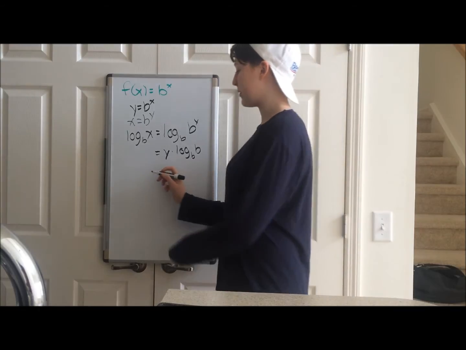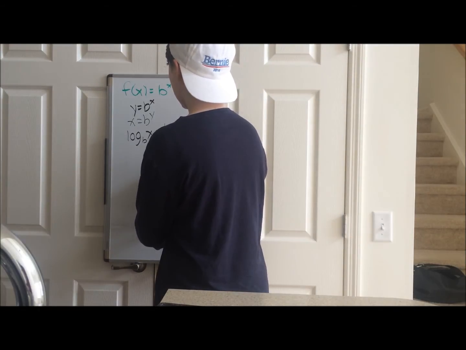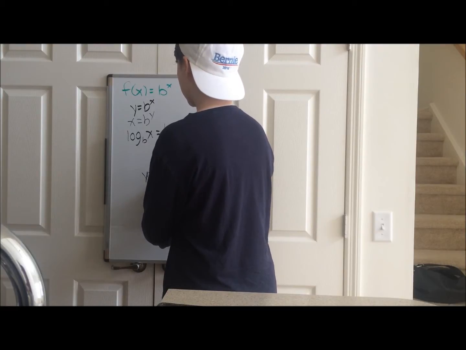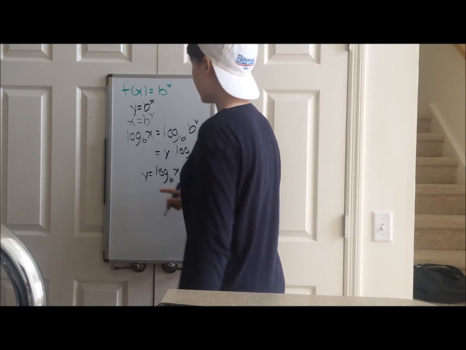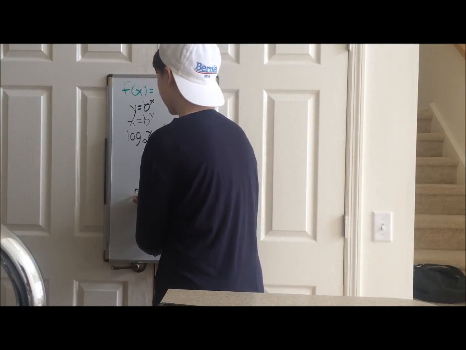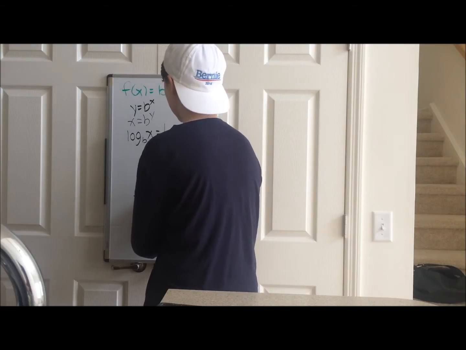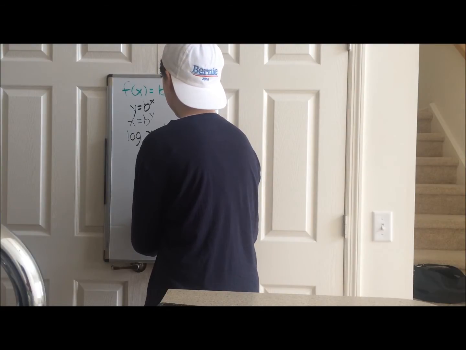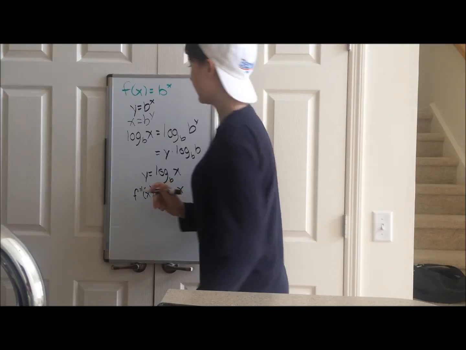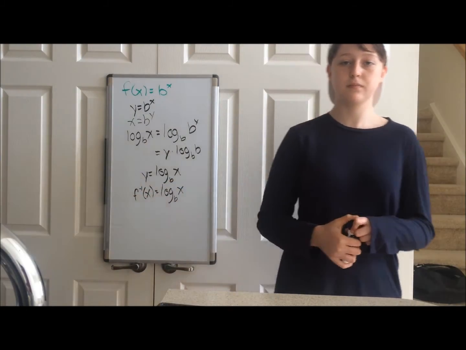Because we know that, we know what this function means. y equals log base b of x. To change it back into proper notation, we're going to change it to inverse function equals log base b of x. We will now see other examples of how to solve exponential equations.